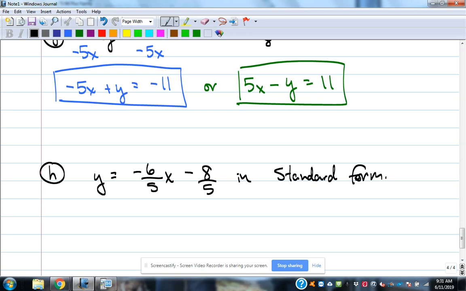So not as easy as the last couple have been, but not incredibly difficult either, because again, standard form has x and y on the same side. So my first step is always going to be move the x part to the other side. So this is a negative 6 over 5x. So to move it, I'm going to use a plus 6 over 5x.